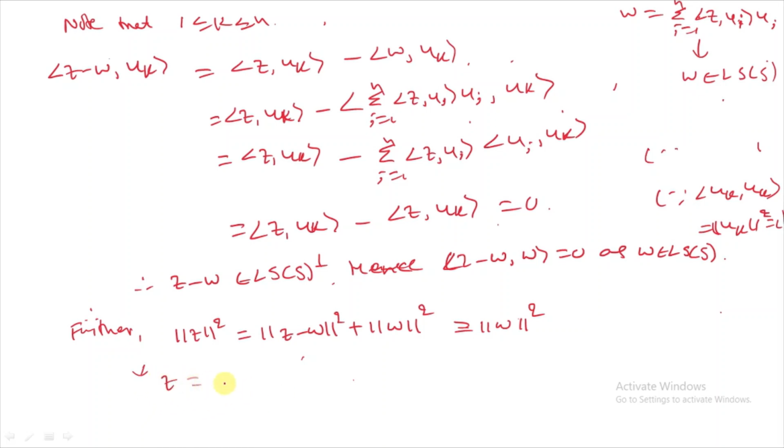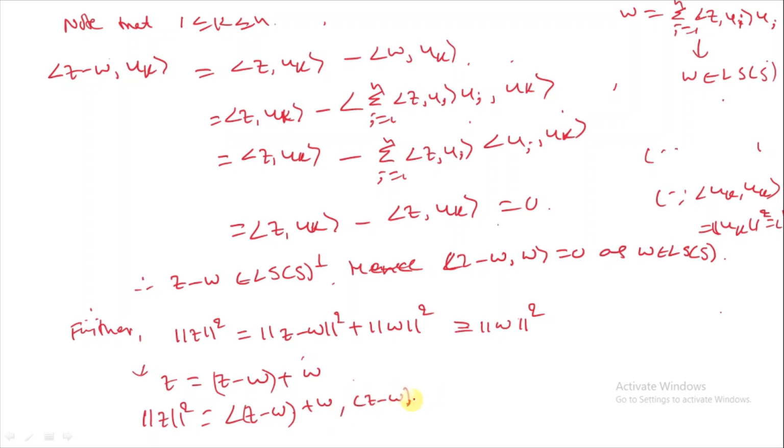We know Z equals Z minus W plus W. Then norm Z squared equals the inner product of Z minus W plus W with Z minus W plus W. Now take the inner products ⟨Z minus W, Z minus W⟩ and ⟨Z minus W, W⟩.